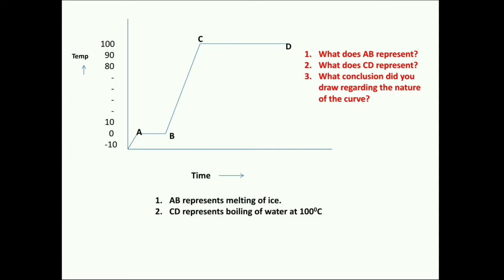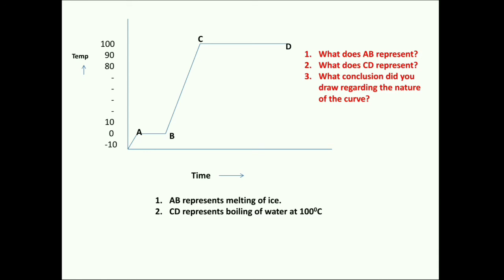Now the answer for question number 3 will be: here the ice is at minus 10 degrees Celsius, and with the increase in time, it does not melt, but its temperature starts increasing. When the ice reaches 0 degrees Celsius at A, it starts melting, and ice melts till it reaches B. At B, ice is completely melted and the water's temperature starts rising.